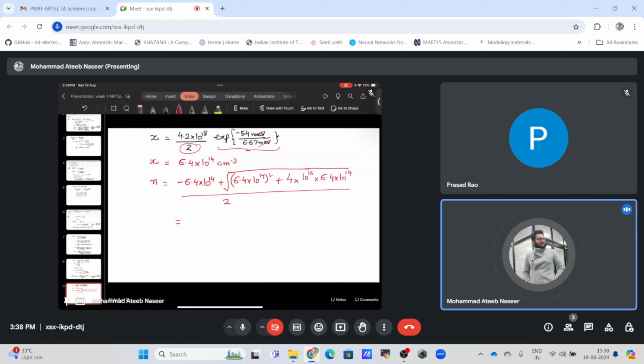So let's take this 10 to the power of 14 outside, and we will be left with 6.4 squared plus 10 to the power of 14.